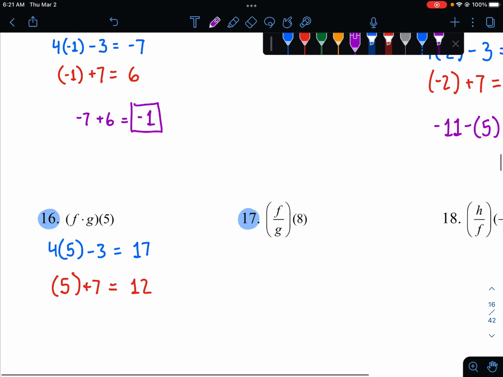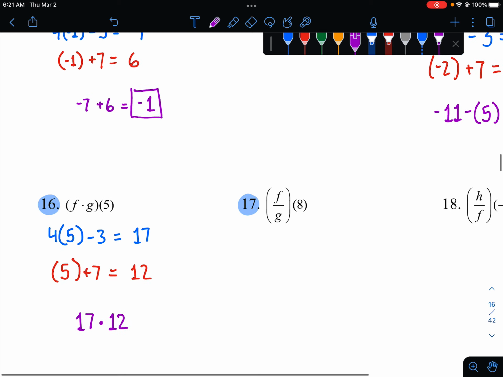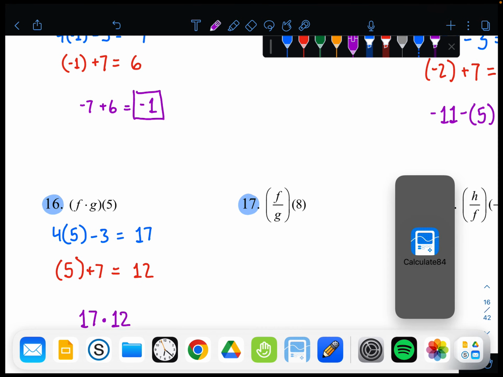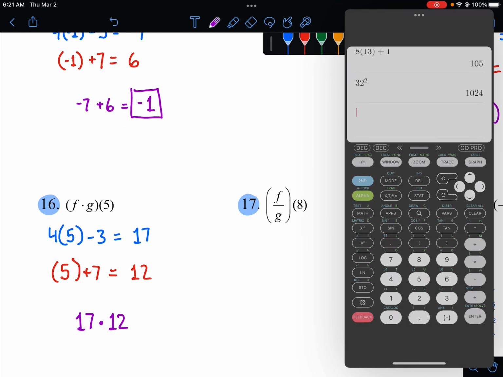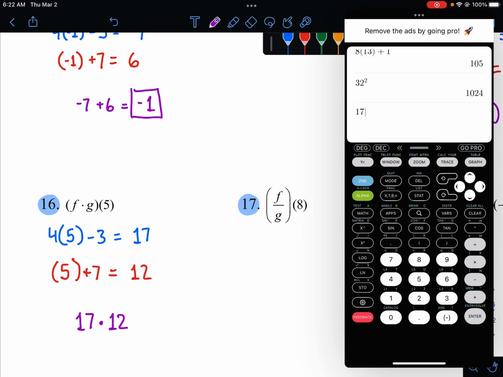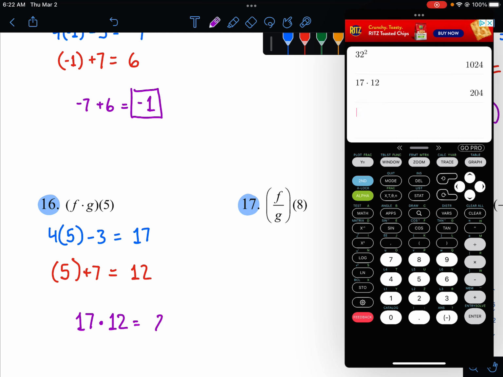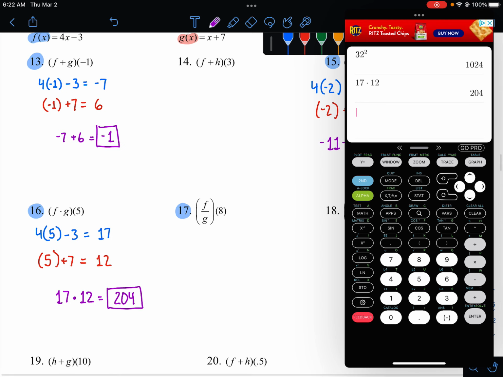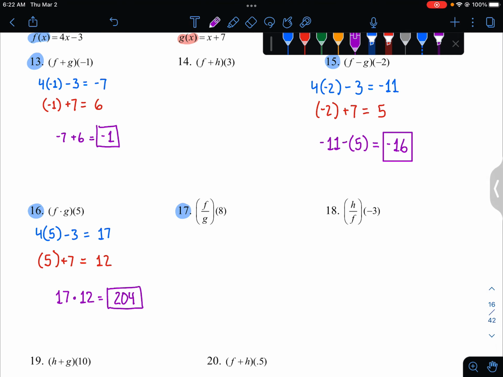And now we're going to multiply 17 times 12. They want the product of that. And that number is going to be pretty big. So I'm going to go ahead and use the calculator just to be sure that I'm typing this in correctly. So I do 17 times 12, and I get 204. It's a pretty big number. But again, you're just evaluating each function and then performing the operation that they ask.